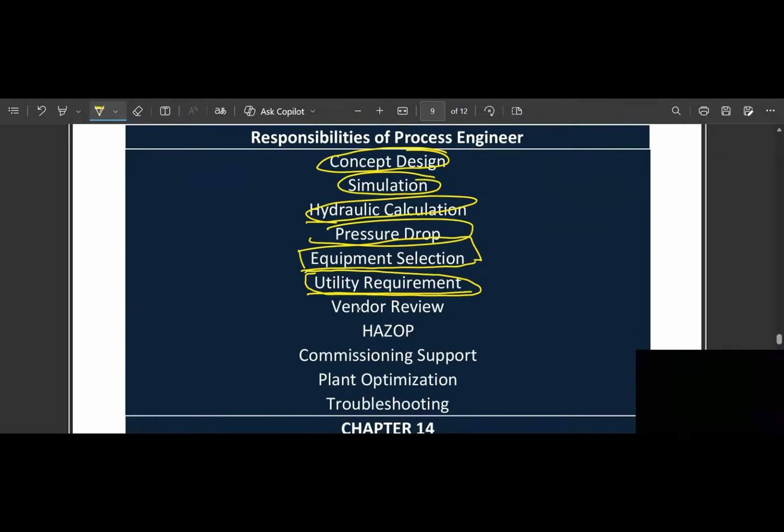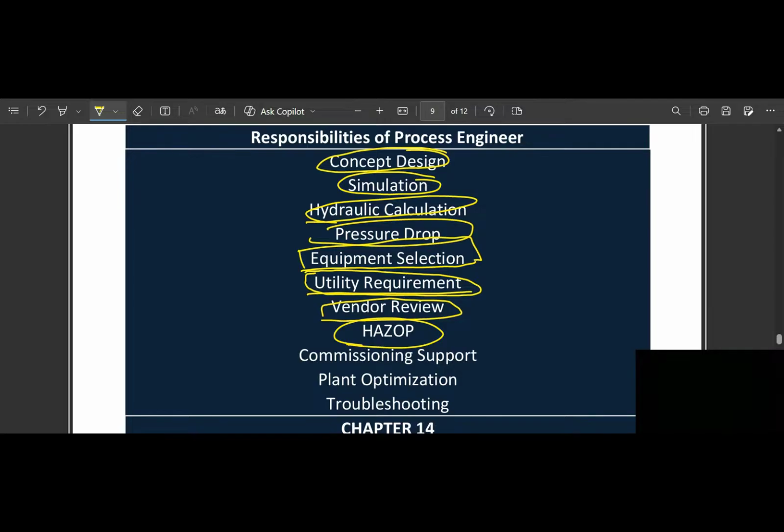Then vendor review. The vendor will share documents with you like data sheets, PFDs, P&IDs, or any kind of document, so you should be capable of reviewing any vendor document. Then HAZOP, hazard and operability study.